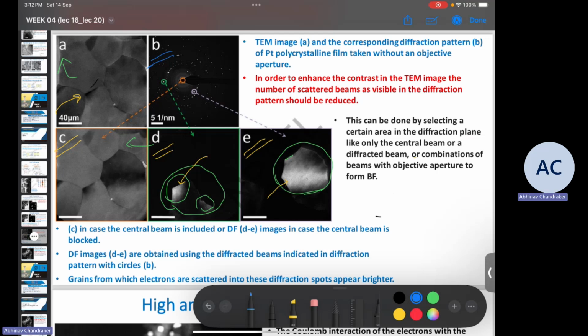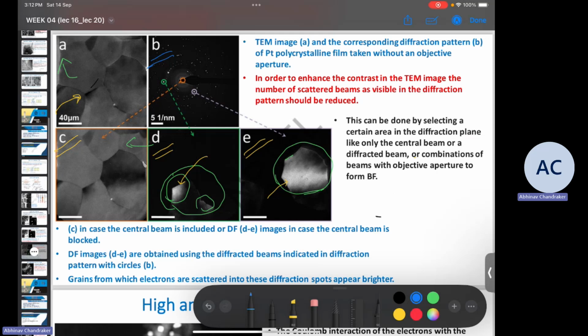And once we have all these diffraction spots, we can then place an objective aperture in this back focal plane itself in such a way that the spots which we are interested in investigating, or the diffracted beam or transmitted beam which we are interested in investigating, only that is allowed to pass through, while all others are blocked. So basically, objective aperture is a small hole that is inserted in the back focal plane in such a way that it only allows certain diffraction spots.